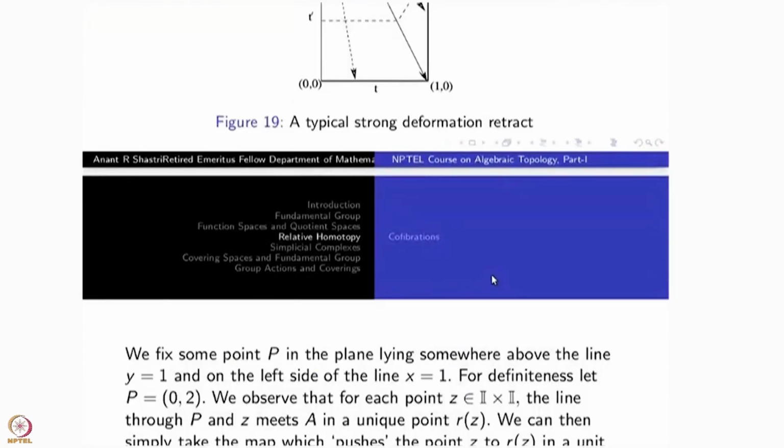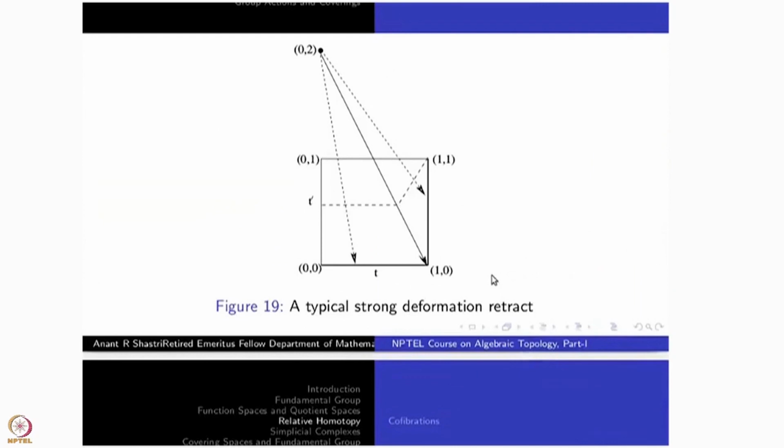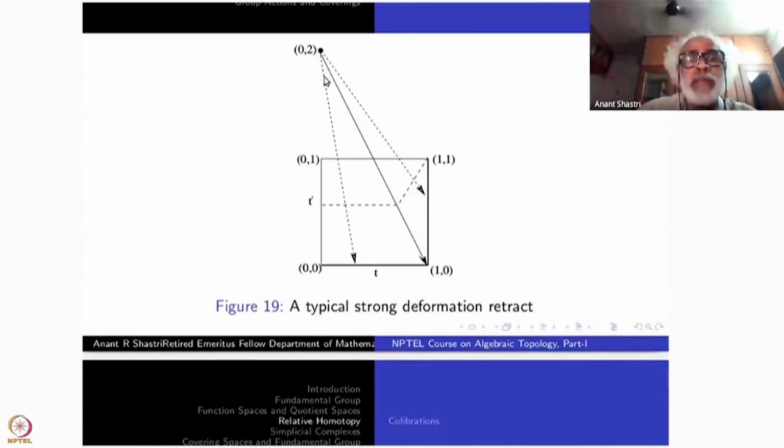Namely, P is 0, 2. You have to parameterize: take a point here, and parameterize this portion from here to here, this line segment. Write down a parameterization for this line. Use that parameterization as a homotopy from this point to this point.